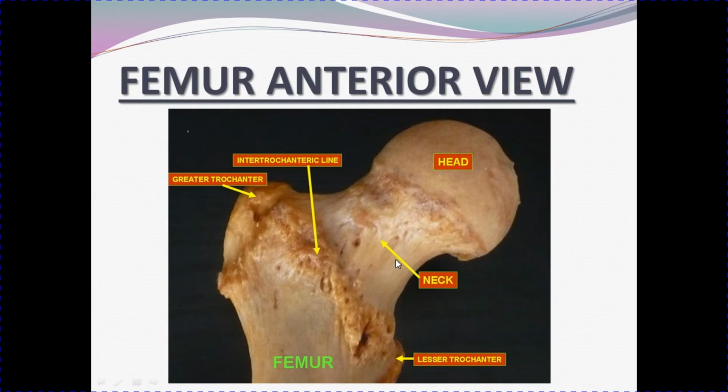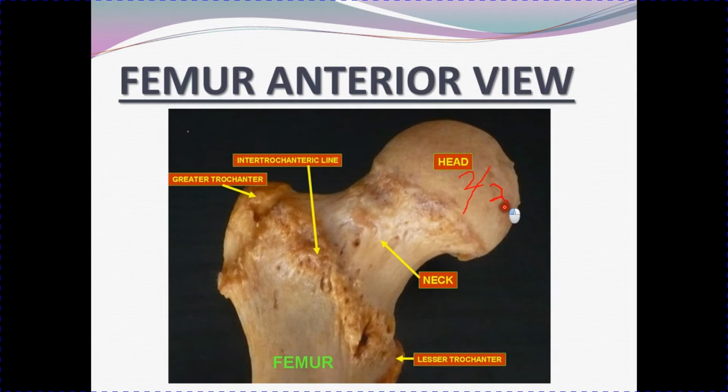This is an image of the upper end in which you can clearly see the features. This is the anterior view of the femur. This is the head of the femur, which forms about two-thirds of a sphere.